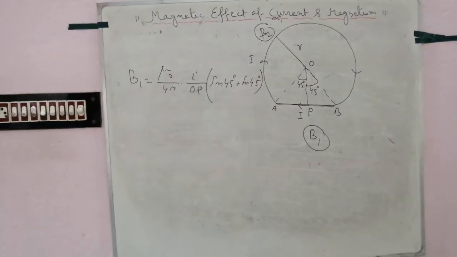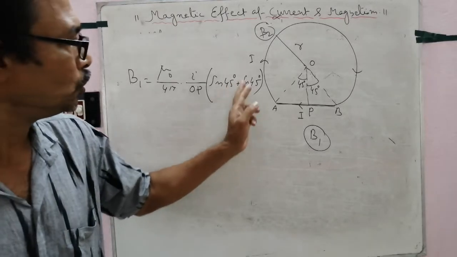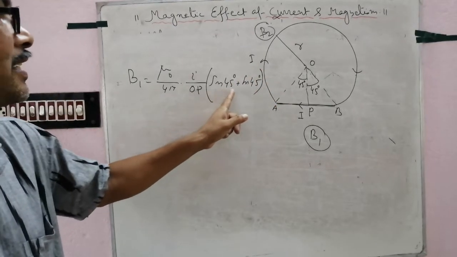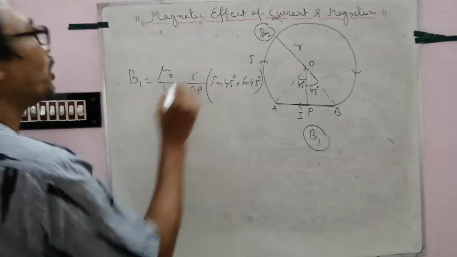In my previous class I proved mu naught by 4 pi, I by a into sin theta 1 plus sin theta 2. This is in the downward direction.